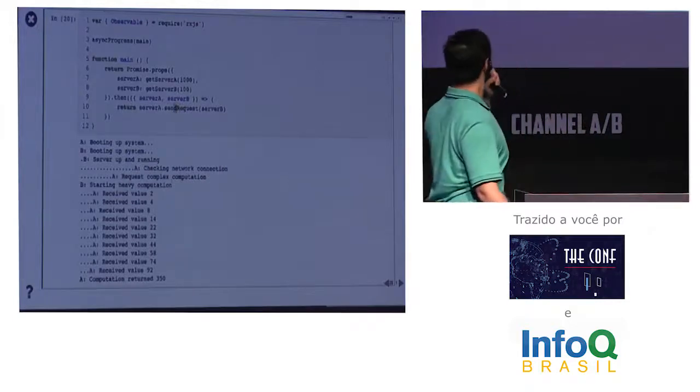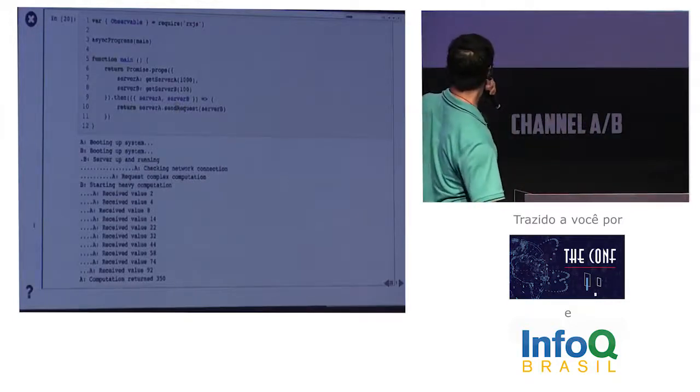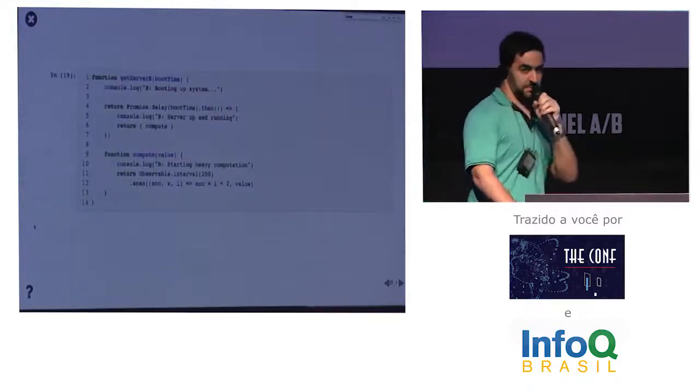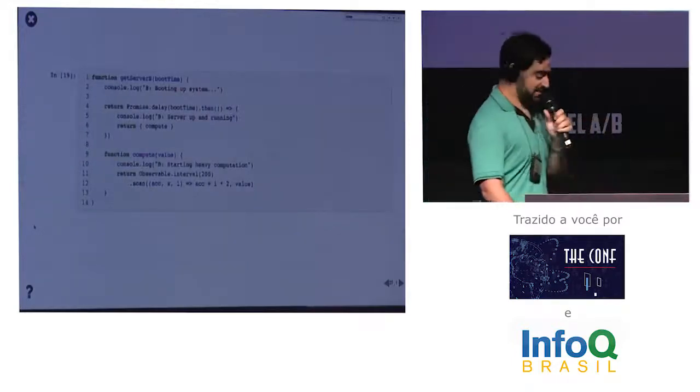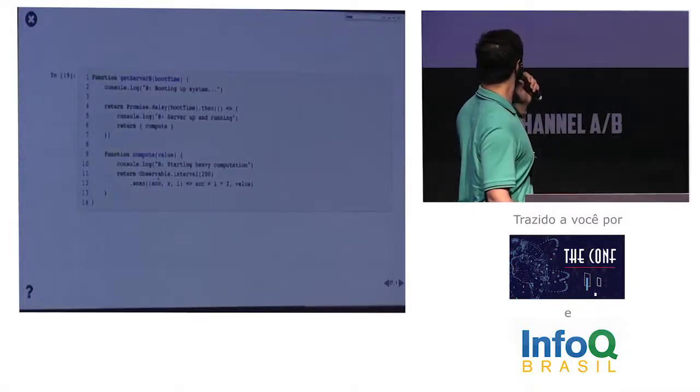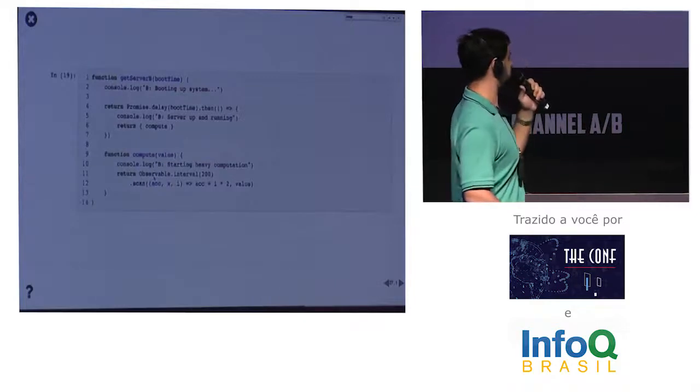If we compare with the previous examples, the code is a bit more complicated than in the promise example, because we now introduce a new concept, which is the observable concept.